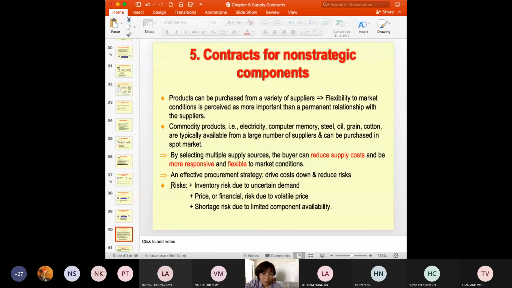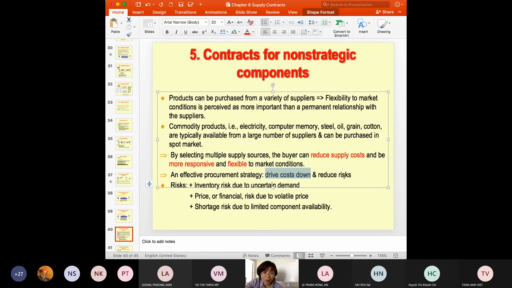Effective procurement strategies drive cost down and reduce risk. Of course, the cost will go down, because we can select a supplier with lower cost.